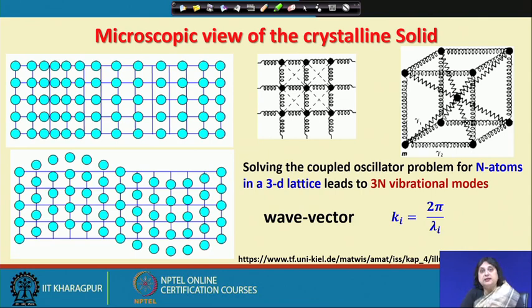That is achieved by the mathematical solution of the problem of coupled harmonic oscillators, and each of these simple harmonic oscillators is characterized by a wave vector k, that is related inversely to the wavelength of the underlying vibrational pattern, like the underlying simple harmonic oscillator representing the particular vibrational pattern.